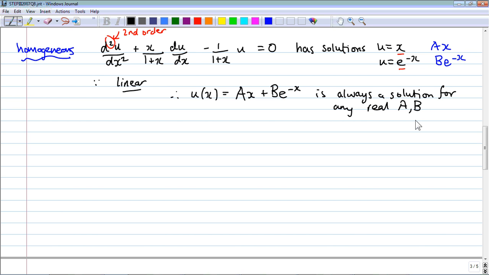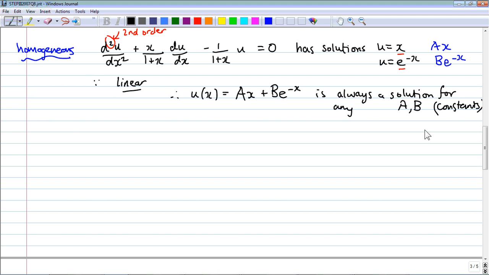I suppose actually any complex a and b as well, but we're not interested in complex numbers in this question. So for any constants a, b, that's always going to be true.